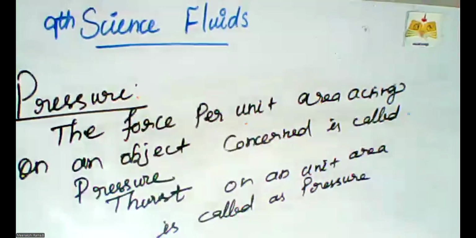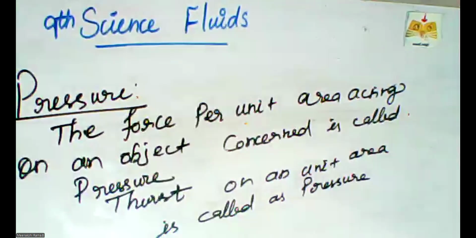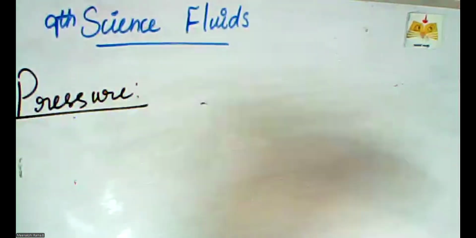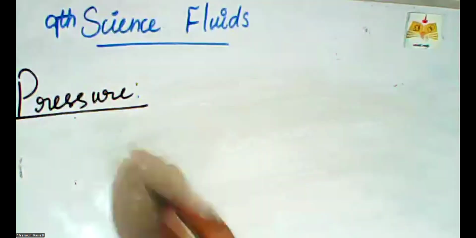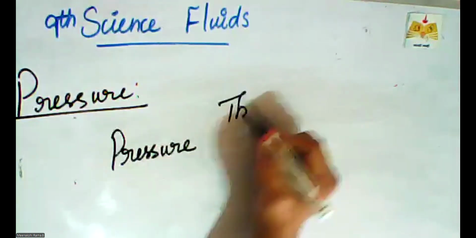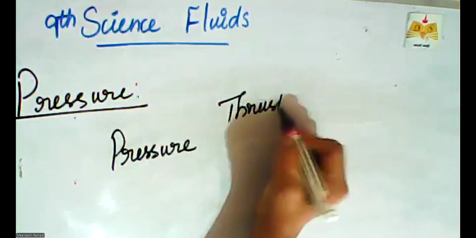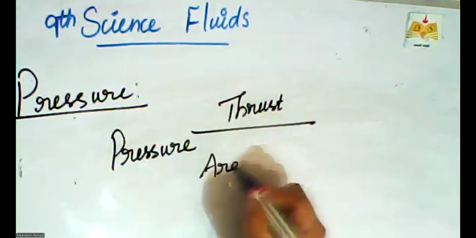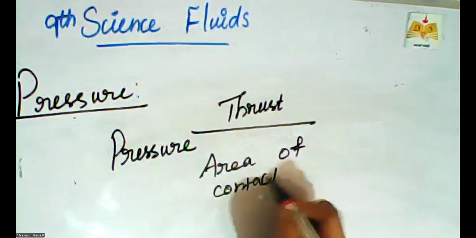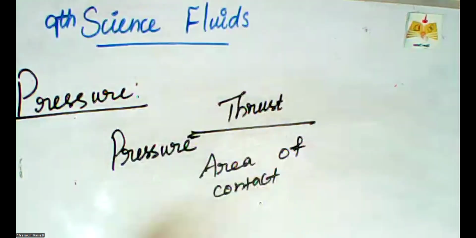So pressure is equal to thrust divided by area of contact. This is the formula of pressure: pressure equals thrust divided by area of contact.